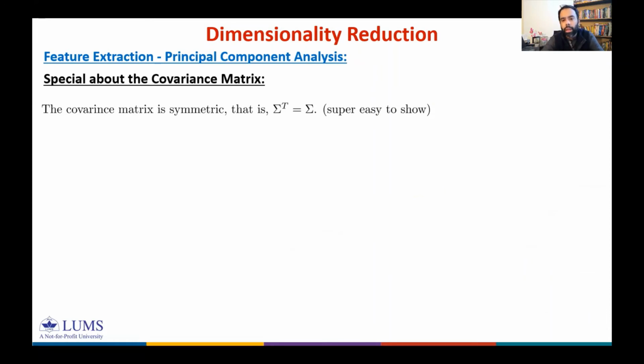So in fact, what you get is S into S transpose again. So the covariance matrix is symmetric. And what is special about symmetric matrices? For a symmetric matrix, the eigenvalues are always real, and the eigenvectors are always orthogonal.